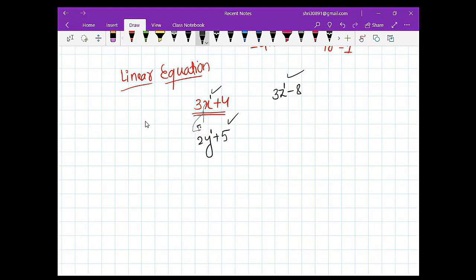The power of the variable is 1. If the power of the variable is 1, then we call it a linear equation.